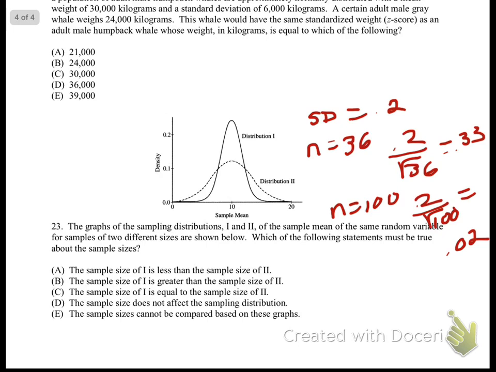Do you see that as n got bigger, my sampling distribution got smaller? And what did I say here? That the standard deviation is not so big because it seems to be very tight, close to the mean. So that means my n is big. So the answer is B.